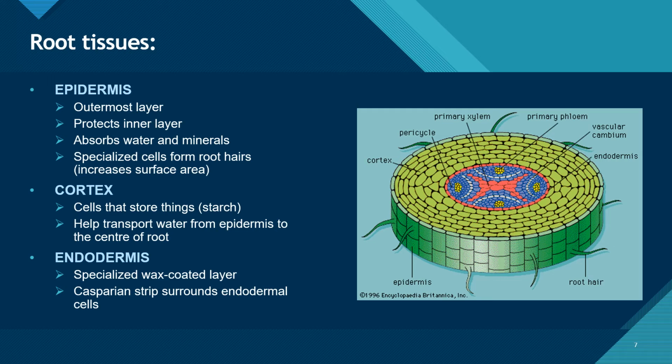Then they have the Casparian strip, which surrounds the endodermal cells and prevents water from moving around them. Water must move through the endodermal cells into the vascular cylinder by osmosis, and we'll learn a little bit about osmosis later, but essentially it's a form of transport of water. Minerals are pumped through by active transport, and it controls movement of water and minerals into the vascular cylinder.